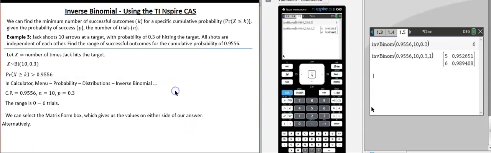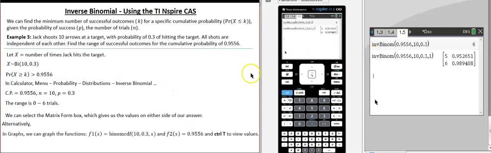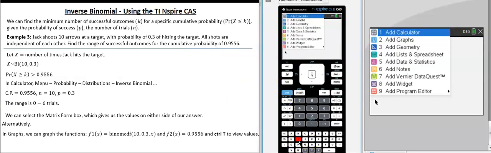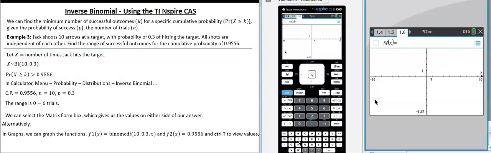Alternatively, we can open a graphs page and graph the function binomial CDF, and you can see there it gives us these steps.